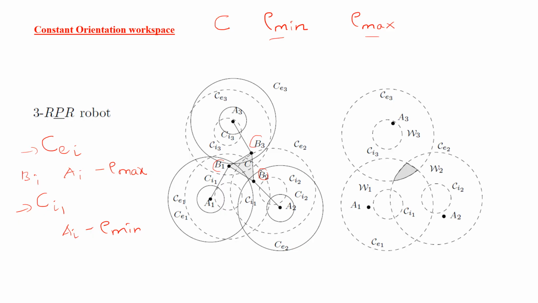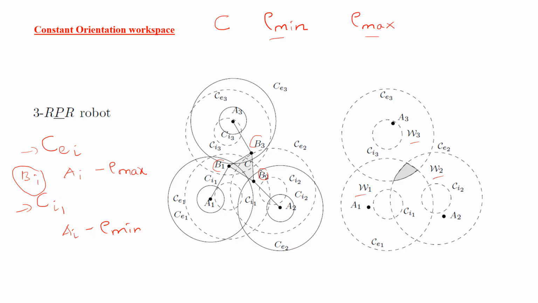Since the orientation of the platform is constant, when the point BI moves within this zone, the point C also moves within an analogous zone represented as WI. As you see here, it is W1, W2, W3.